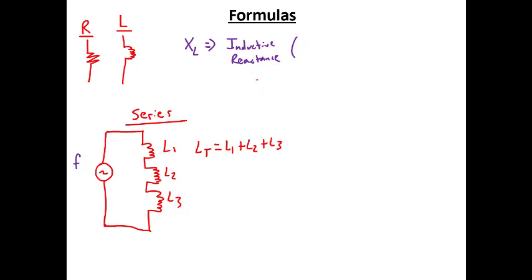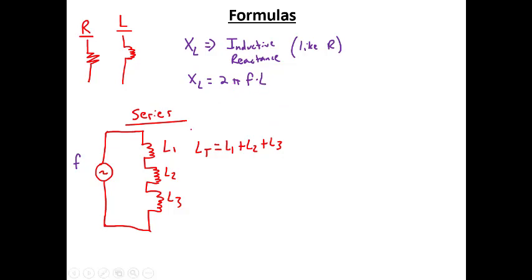So when we solve the problems, X sub L is going to be what we're going to use to find the current. So this is like resistance. The formula for X sub L is 2 pi times the frequency times the inductance.